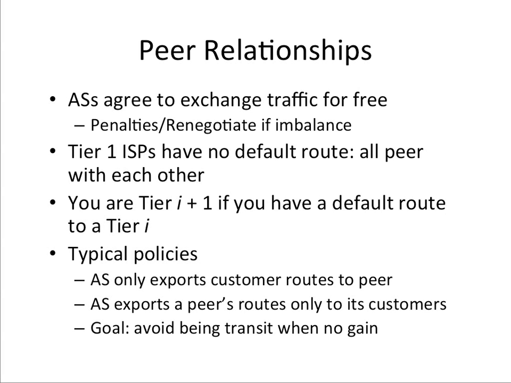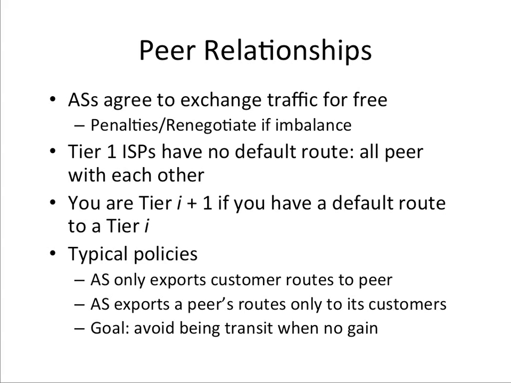One of the examples that we talked about last time was two different ISPs in the same city. It just makes sense for them to peer with each other if there's a lot of traffic between each other's customers. All right?